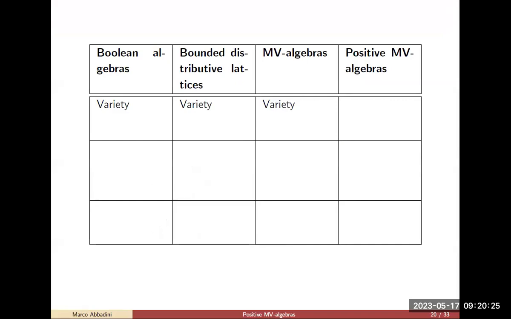What about positive MV-algebras? Is this a variety? No, it's not a variety. It's not closed under homomorphic images. So I'm going to write here the bad things about positive MV-algebras. On the other side, the good things. Not a variety.